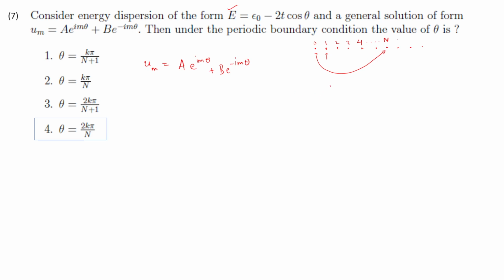So for the periodic boundary condition, u_0 should be equal to u_N. Let us try u_0 equal to u_N and see what we get from the periodic boundary condition.